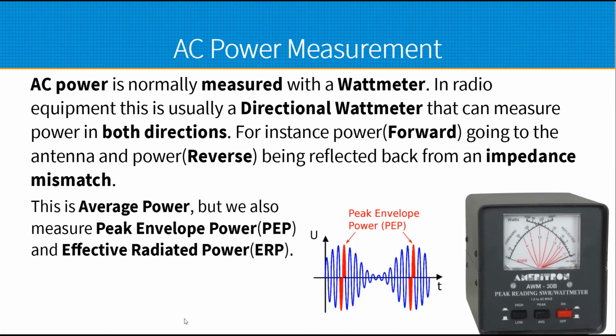We also have effective radiated power where you take, if I got this right, the peak envelope power and multiply it by the gain of your antenna system. Well, they assume that because when you have a high gain antenna, you're concentrating the power.